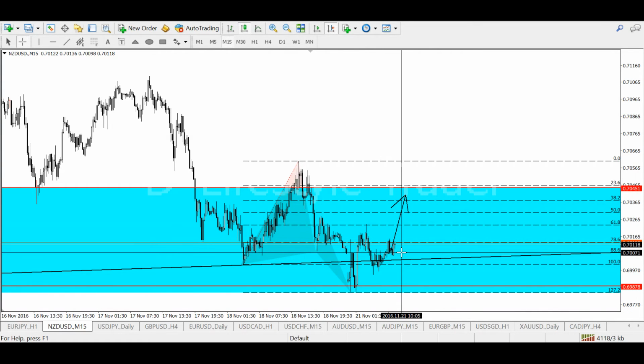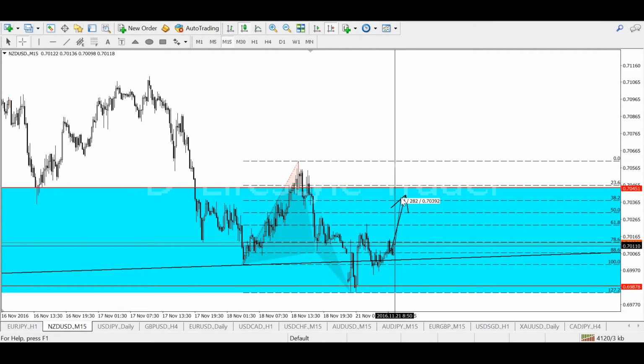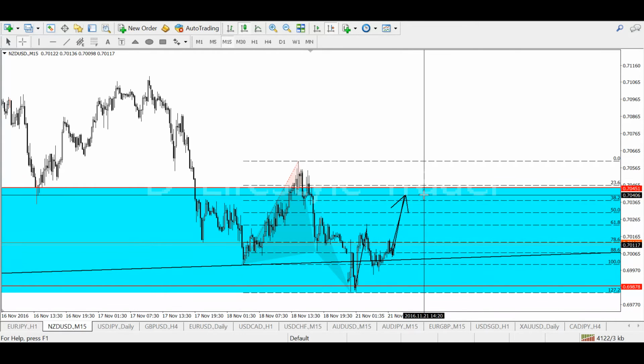Now it's climbing back again, and we can see that there is a very minor inverse head and shoulder forming right here. So I'm expecting the price to appreciate further, at least to make another wave of appreciation like that. So that's pretty much this level.